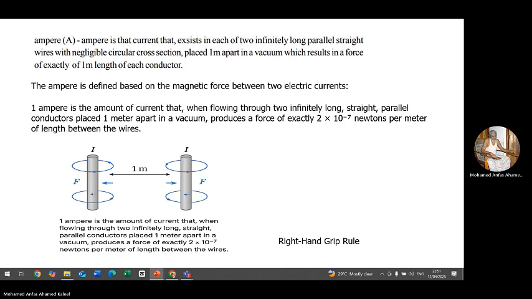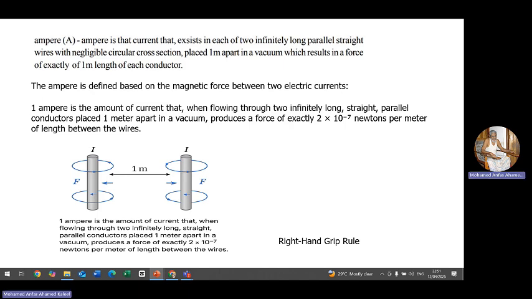You can see in the figure that the ampere is defined based on the magnetic force between two electric currents.